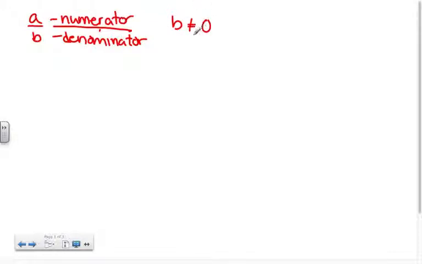So I can write a fraction in 3 ways. A divided by b, I can write it as a divided by b like that. I can write b into a like that, like long division. I can also write it in words. So actually there's a 4th way. I can write a to b.